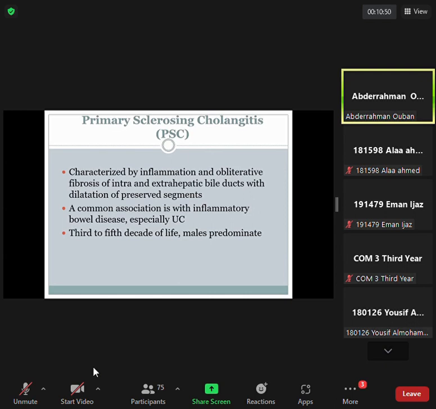Again, the same exact thing that you see with primary biliary cirrhosis, that is autoimmune in nature, but with different kinds of antibodies, a different characteristic lesion. All right. Now, also, this entity has a very peculiar association with ulcerative colitis, a very important thing to keep in mind. Okay. So PSC and ulcerative colitis and also colon carcinoma.